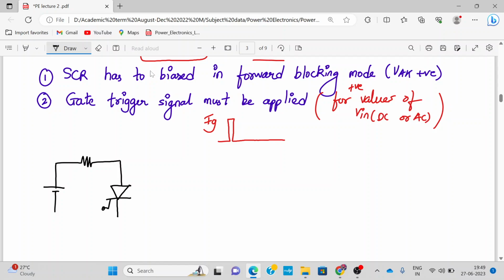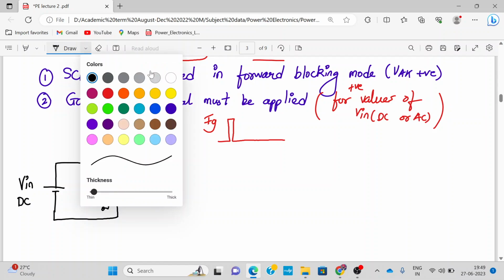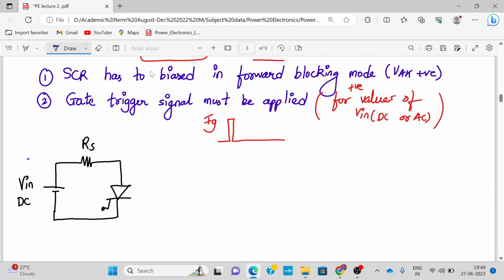So this is my SCR symbol. Let me mark this as RS. Let's say my input voltage is a DC signal of around 500 volts. This is my voltage across the SCR, VAK. This is my gate.